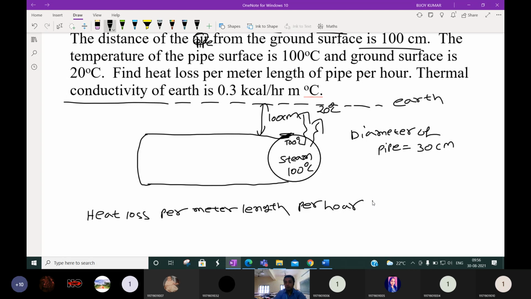You have to calculate the heat loss, or you can say the Q value, how much heat will transfer from this to this. The thermal conductivity of earth is given as 0.3. So this information I think you will get. Then how to evaluate these things.